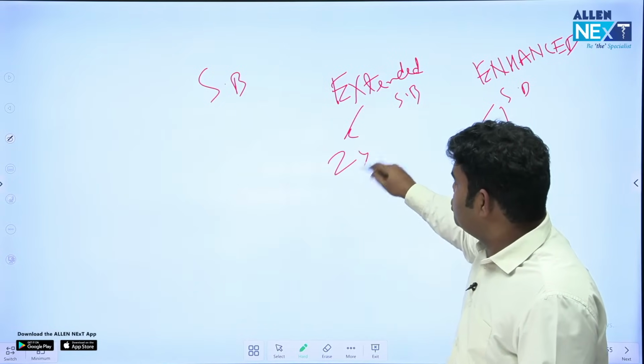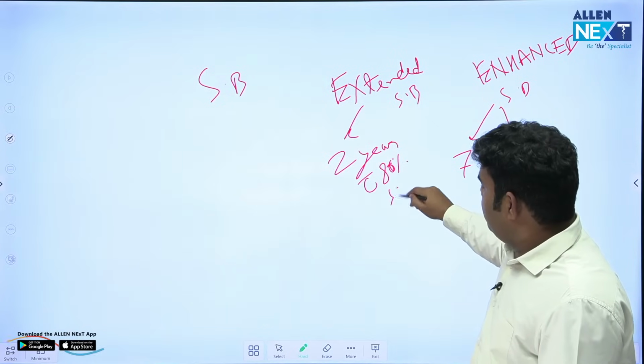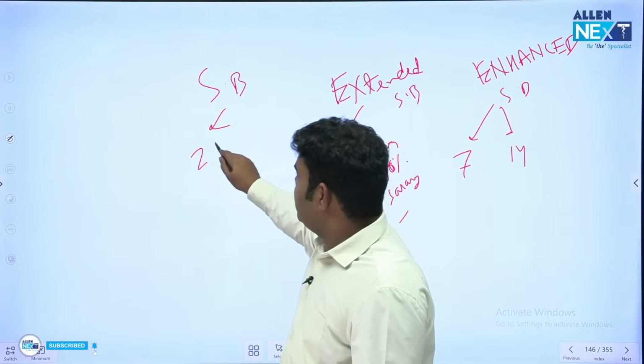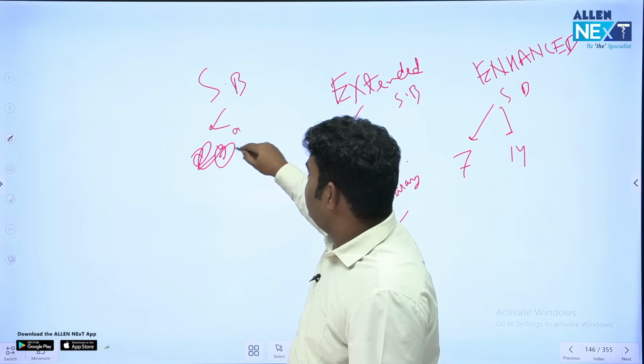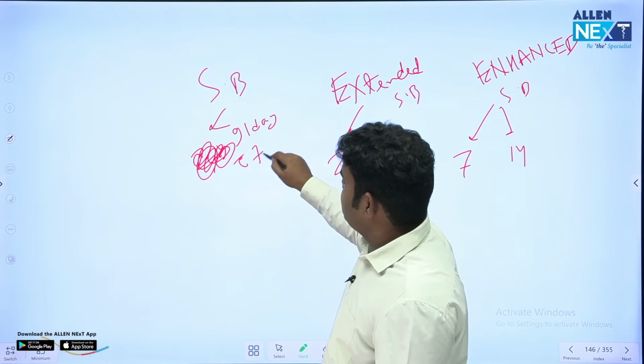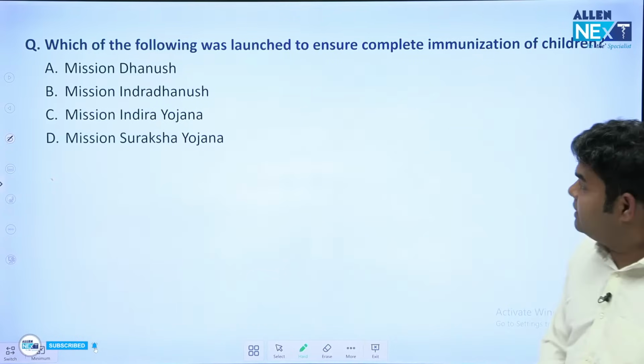Extended sickness benefit is 2 year with 80% salary, because it is given for 34 registered serious disease. Sickness benefit is only 91 day, and in sickness benefit there is 70% of salary. Okay, so do remember these things.